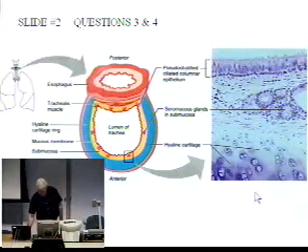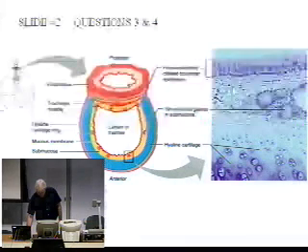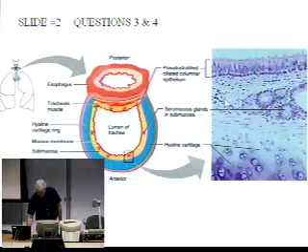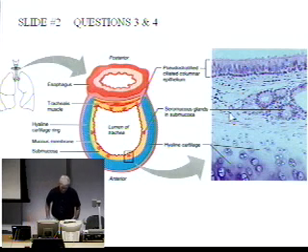Question number 4. We see a structure here that's lined by very flattened cells, and then there's other cells scattered around it underneath this surface layer. So all of these structures out here, so not the surface cells and not the ones I just asked you, but all this other stuff out here, identify the germ cell layer of origin.